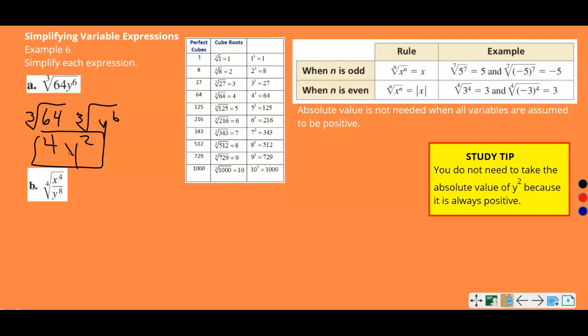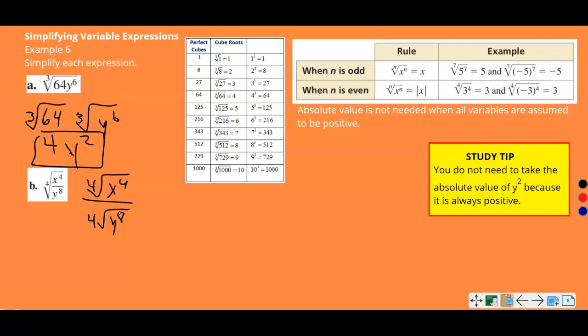Now, B part, we have a fourth root of x to the 4th over fourth root of y to the 8th. And you can rewrite it if you want to. You don't have to, but it kind of breaks it up to where you can look at it individually.